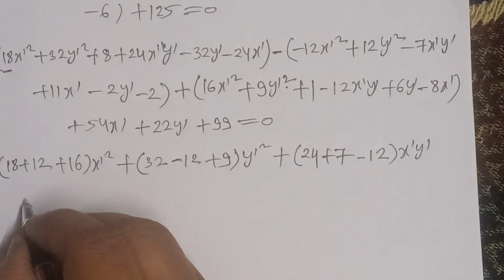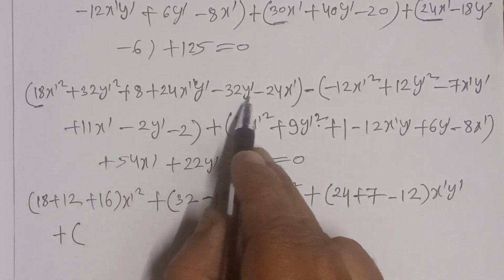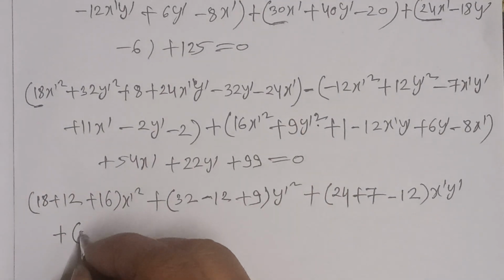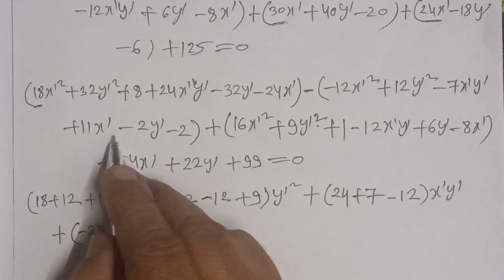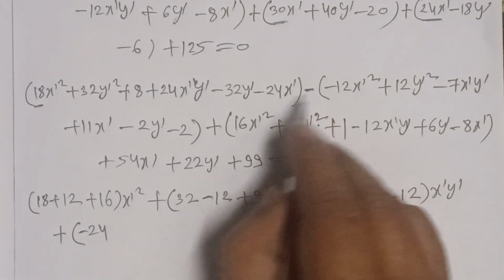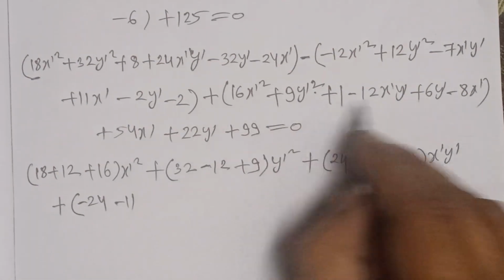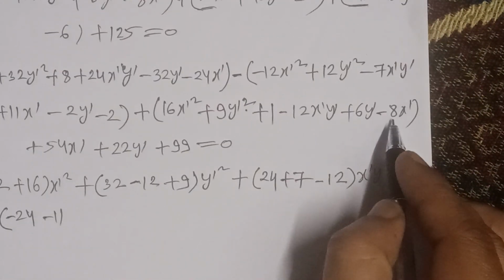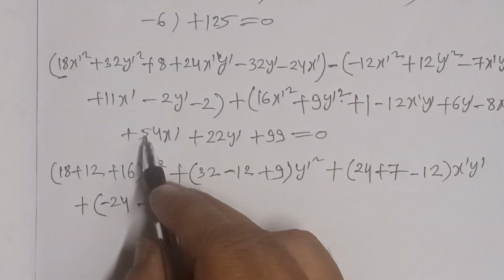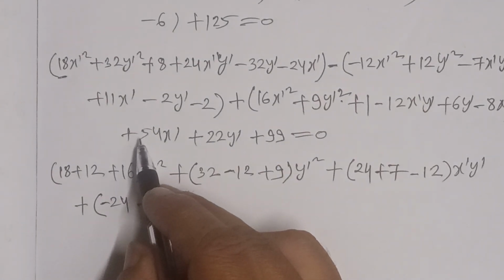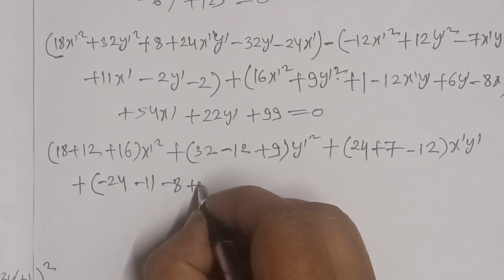So we go to the next term, x dash. The coefficient of x dash, first we get here minus 24. In the next bracket, minus multiplied by this, we get minus 11, and in this bracket the coefficient is minus 8, and here the coefficient of x is 54.